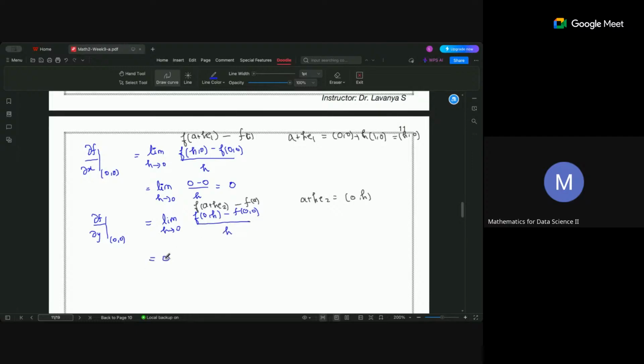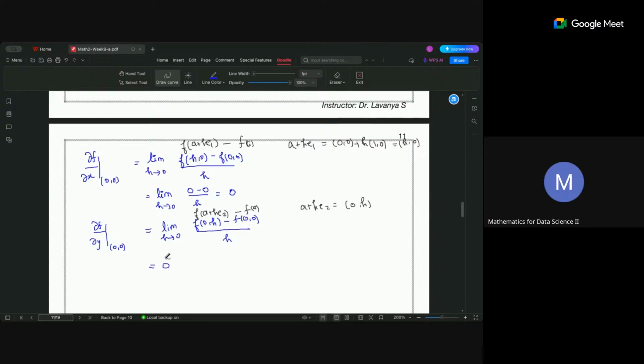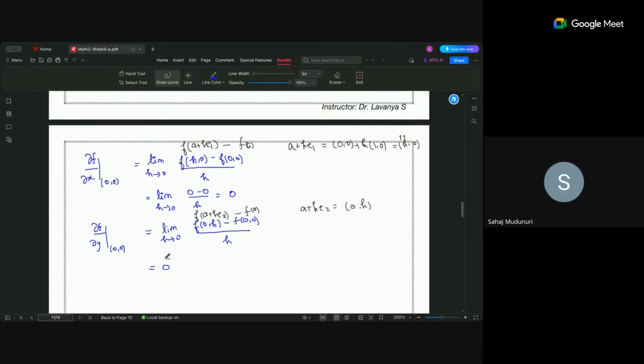Do the partial derivatives of f with respect to x and y at (0, 0) exist? Yes, and both values are 0. Suppose one of them was 0 and the other was 1, can we say that the partial derivative exists?